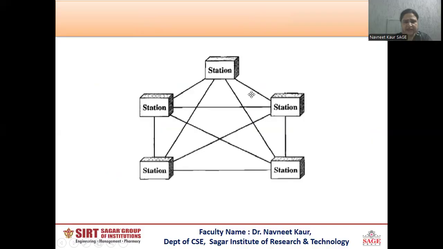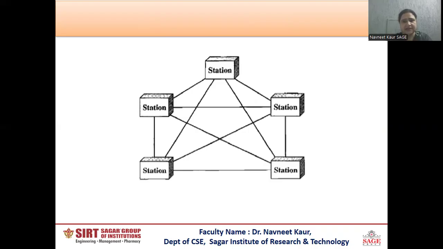Now, if there are n stations, and if I'm talking about any one station, then this station will be connected to other n-1 stations using n-1 links. Since we are talking about the whole network in which there are n stations, the total number of links will be n into n-1.